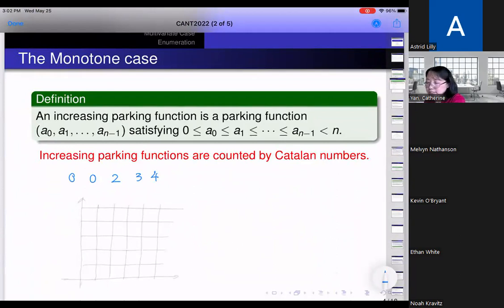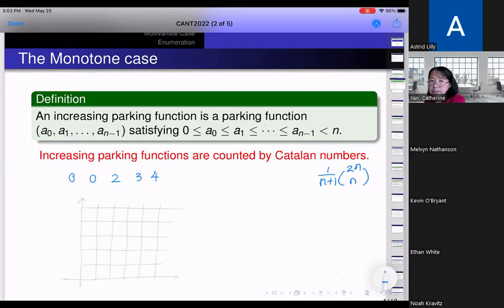The traditional name is increasing parking functions. Those parking functions of size n are counted by the Catalan number, which I'm happy that Noah mentioned in the previous talk. This is the nth term: 1 over n plus 1 times 2n choose n.